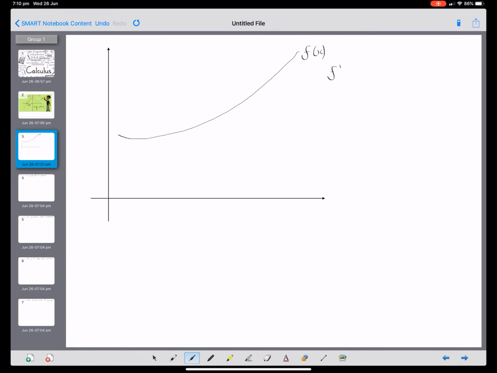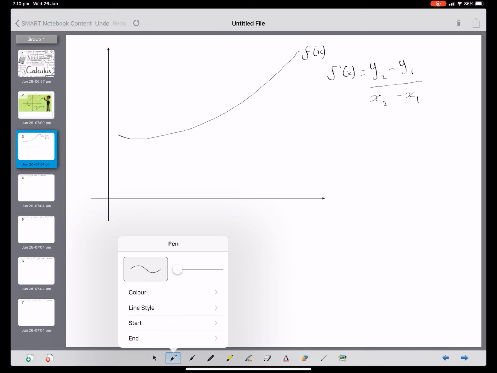So let's say the old gradient formula is the change in the y coordinates over the change in the x coordinates. Okay, so let's choose one point on the curve.